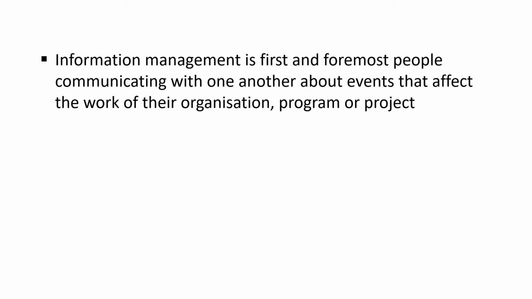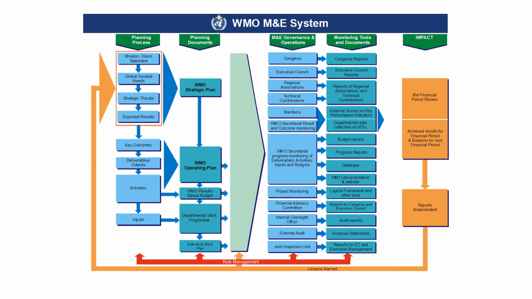I would say information management is first and foremost people communicating with one another about events that affect the work of their organization, program, or project. And lastly, make sure you document the monitoring system. This could be in the form of a diagram that captures the whole system along with a document.